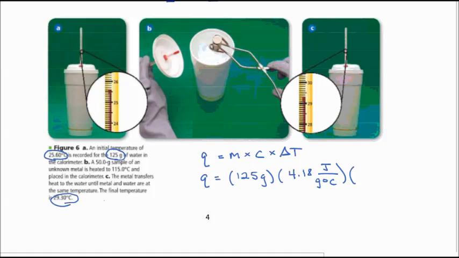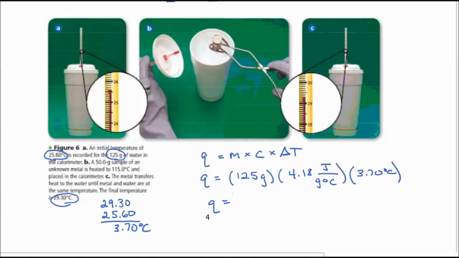So the final temperature, 29.30, minus the initial temperature, 25.60, means there's a difference of 3.70 degrees Celsius.